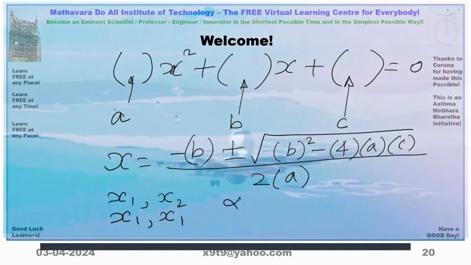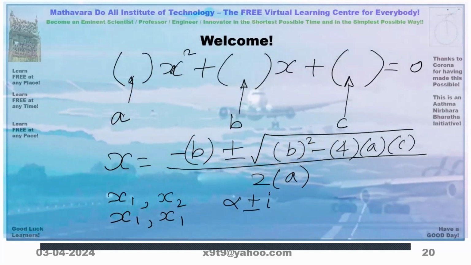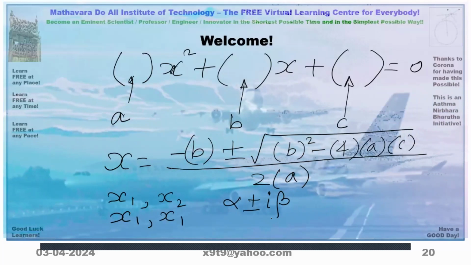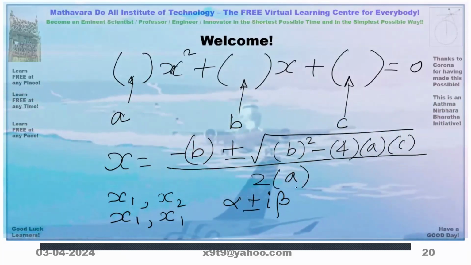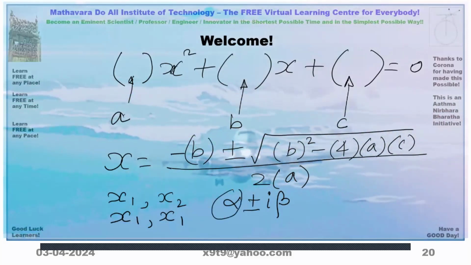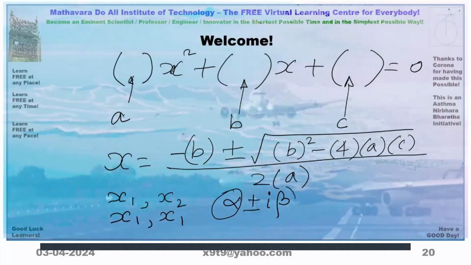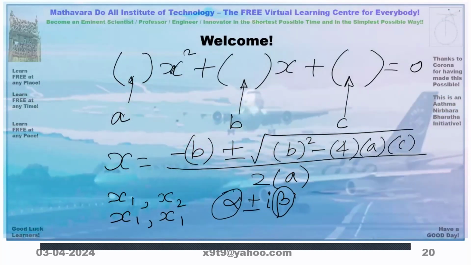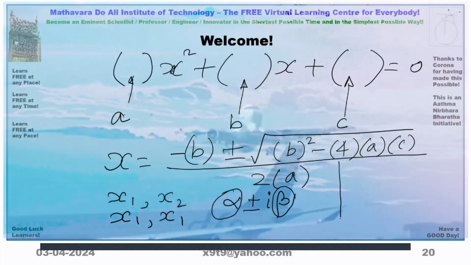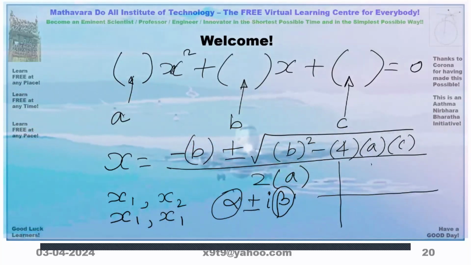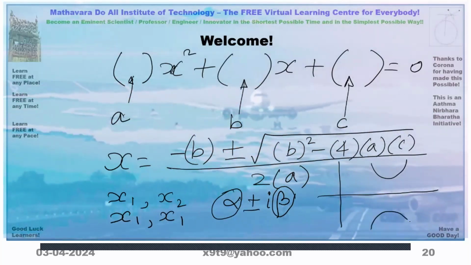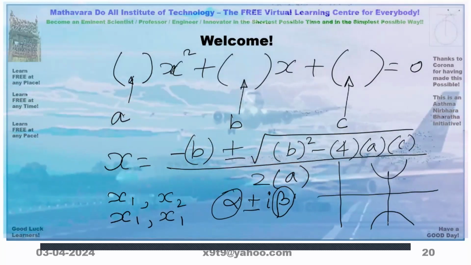Third variety is like alpha plus-minus i beta. So these are called complex roots. This is called the real part of the complex root. This is called the imaginary part of the complex roots. How that is shown in the graph will be like this. A pair of graphs will be coming like that.